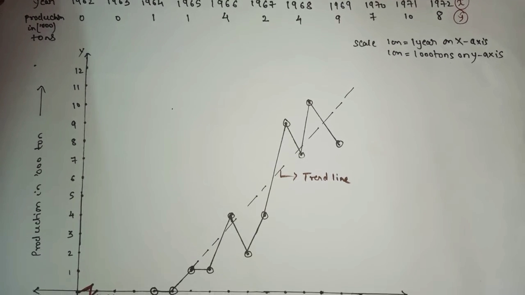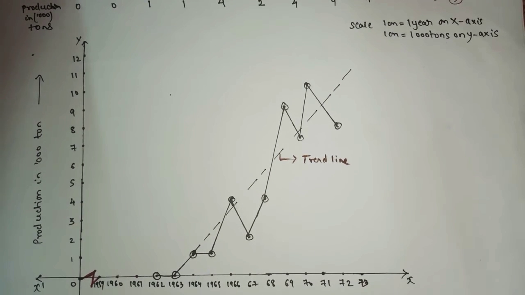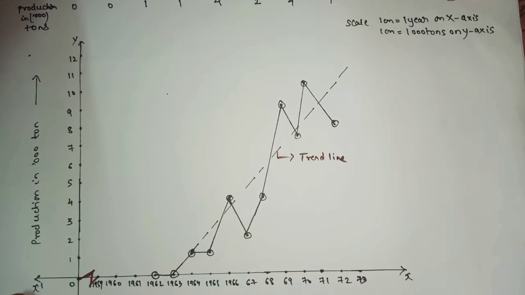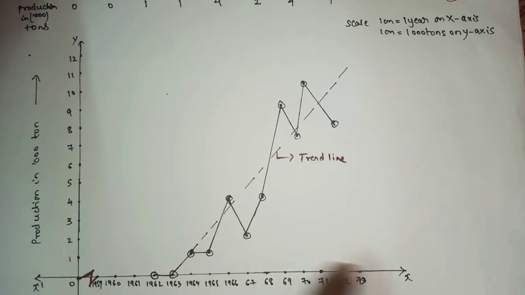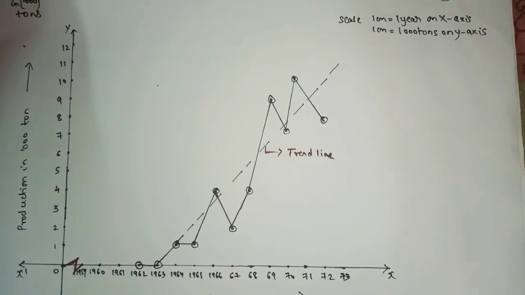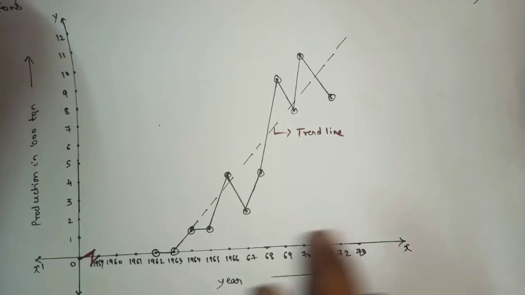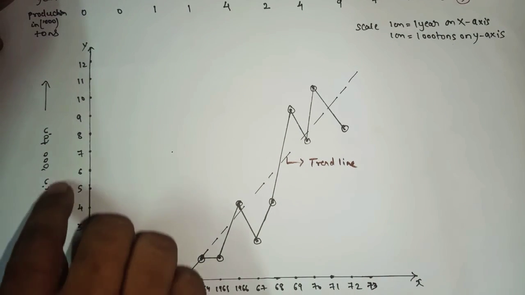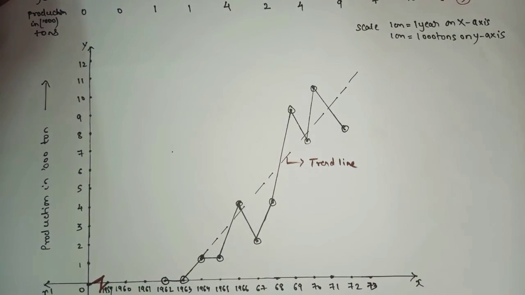So I hope you all understood how to plot the points and then how to fit the trend line on the graph paper. And remember this, don't forget to write the scale and X', X, Y, Y', yes or no, year, and this part production, yes or no.